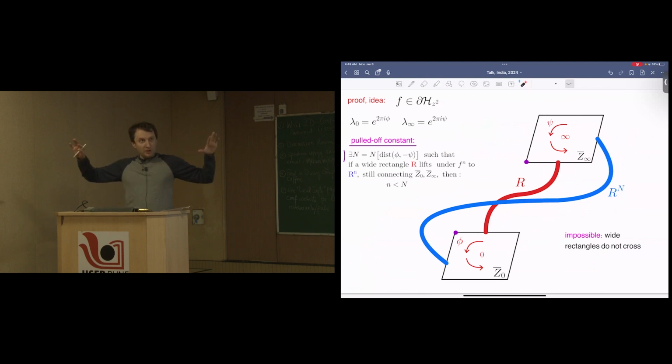It has a lot of vertical curves, and then eventually most of these vertical curves would be pulled off with respect to geometry. Otherwise, a lot of vertical curves would cross the lifts. There are no homotopy assumptions on rectangle A.